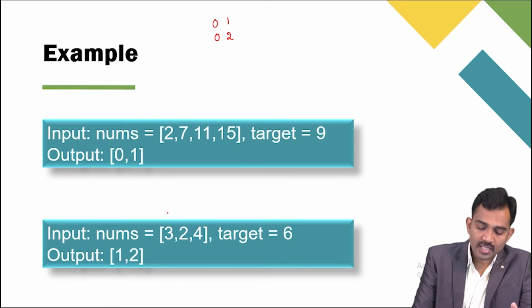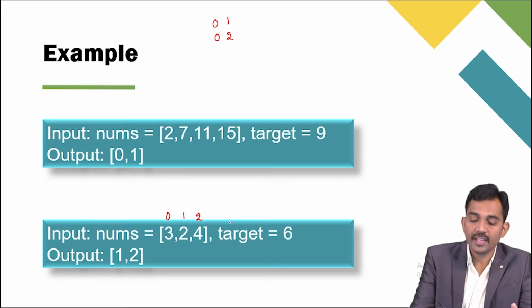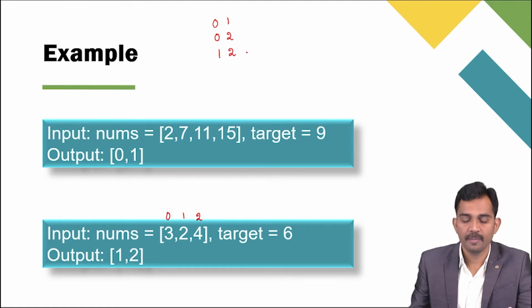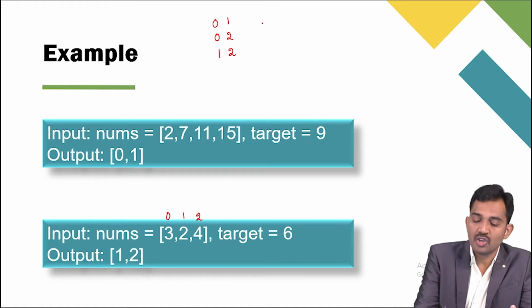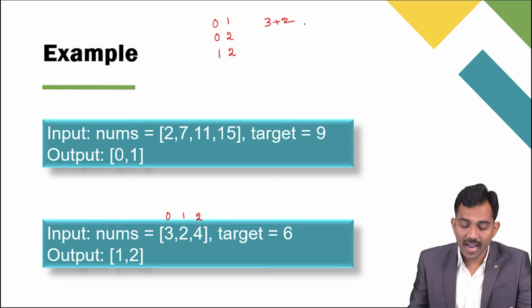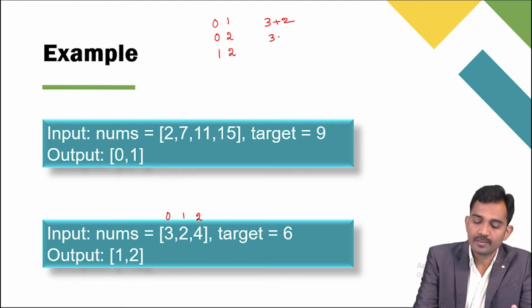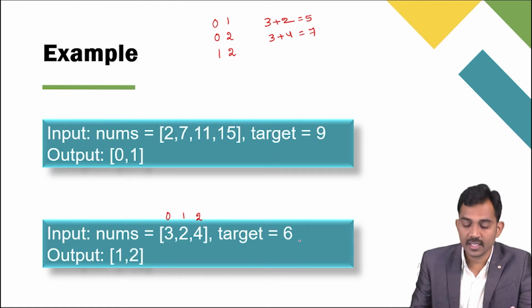Here, if you consider the indices 0, 1, 2, then you will get the 0,1 combination, the 0,2 combination, and the next combination is 1,2. What is the value of 0,1? 3 plus 2. And the 0,2 combination? 3 plus 4. This value is 5 and this value is 7. 5 is not matched with your target, 7 is also not matched with your target.